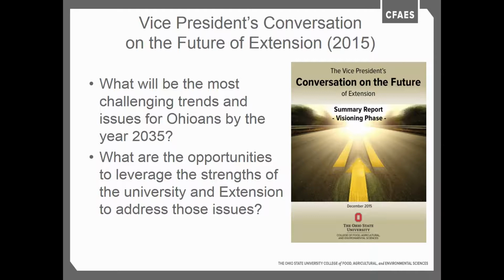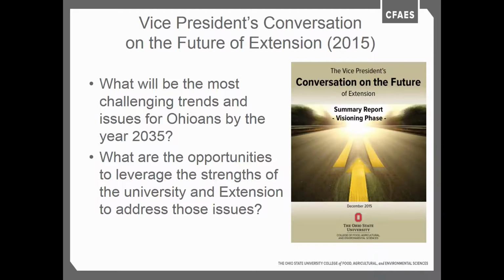And the futurists are the ones who told us, really, you don't want to look much beyond the next 20 years. So the key questions were, what will be the most challenging trends and issues for Ohioans by the year 2035? And what may be the best opportunities to leverage the strengths of the university and extension to address those issues?